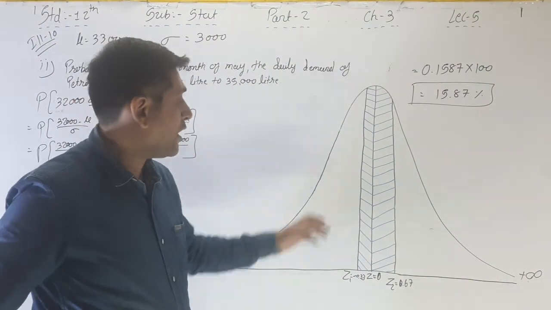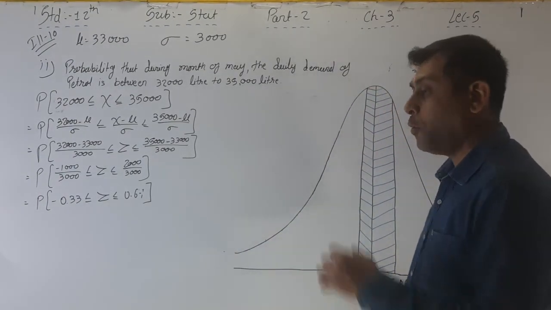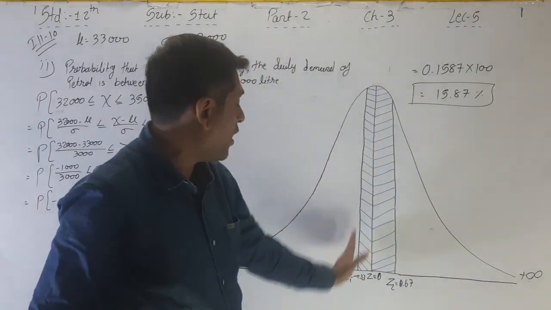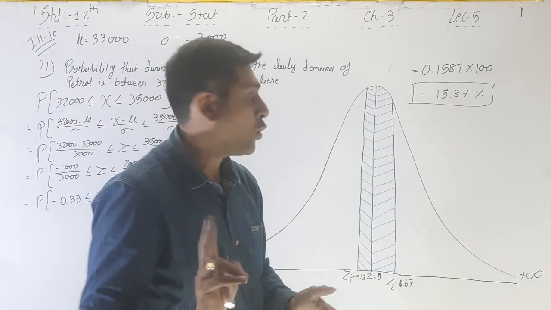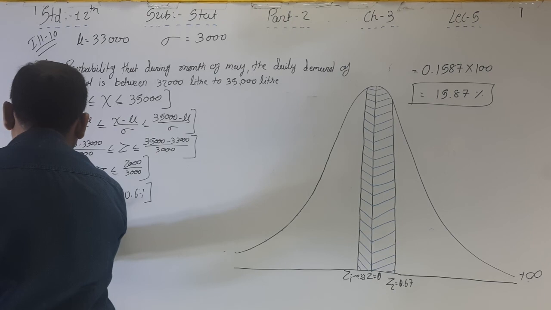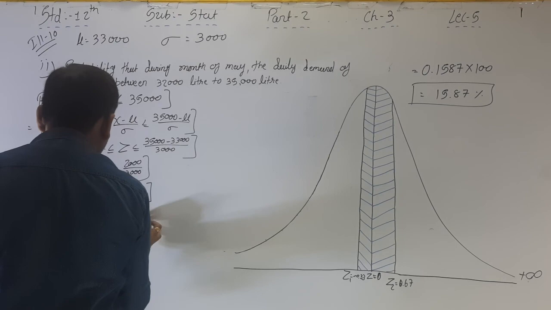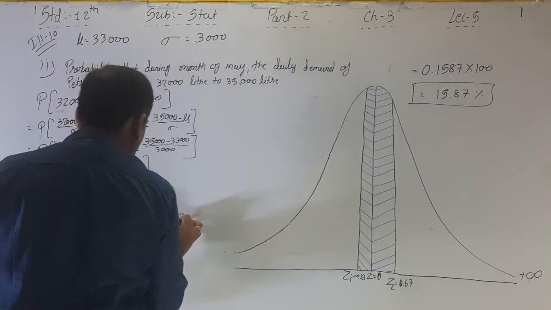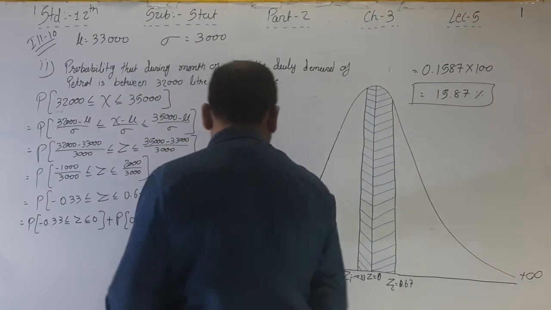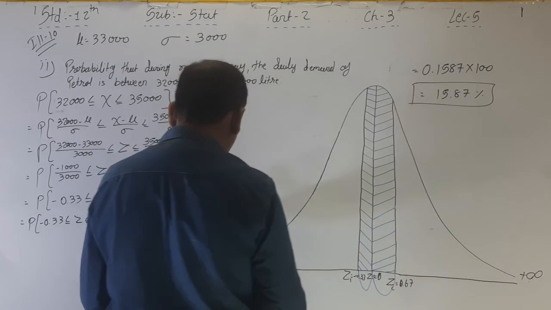See, this is the area from minus 0.33 to 0 and 0 to 0.67. That is, the area is on both the sides of the perpendicular. So we have to add these two. Okay. So here what we have to write down first is P of minus 0.33 less than or equal to Z less than or equal to 0 plus 0 less than or equal to Z less than or equal to 0.67. Here to here, then here to here. Okay. So the area we have to find out here to here, then here to here, and add these two.